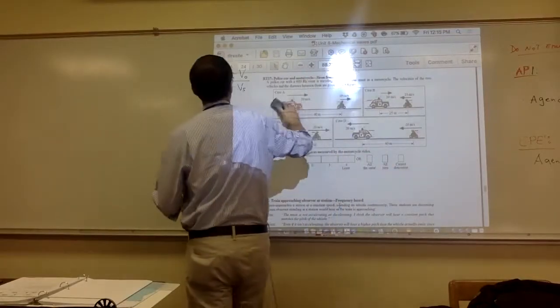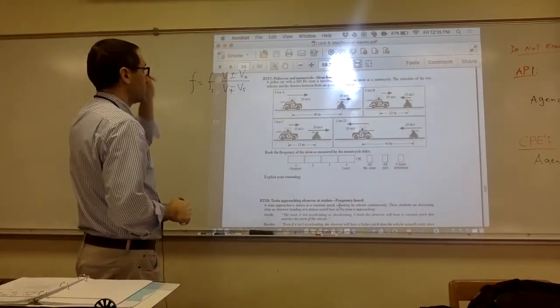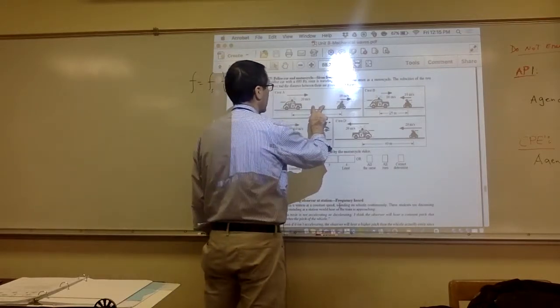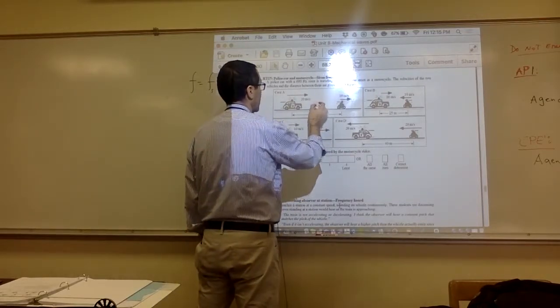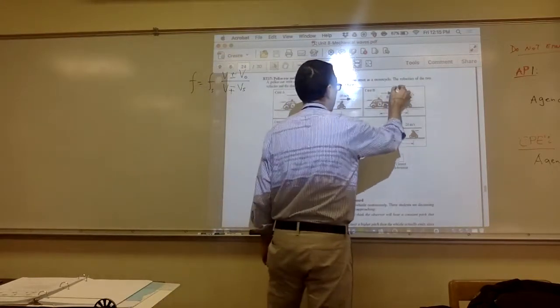All right, let's look at this RT17. In case A, it looks like the relative speed is positive 10. In case B, it looks like the relative speed is 20.